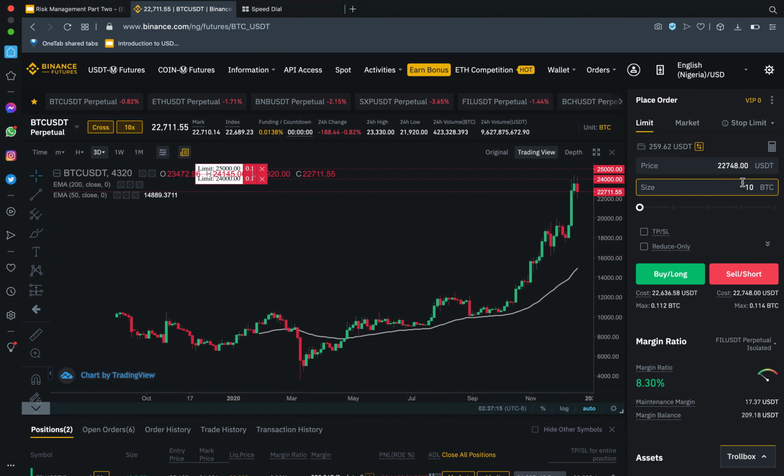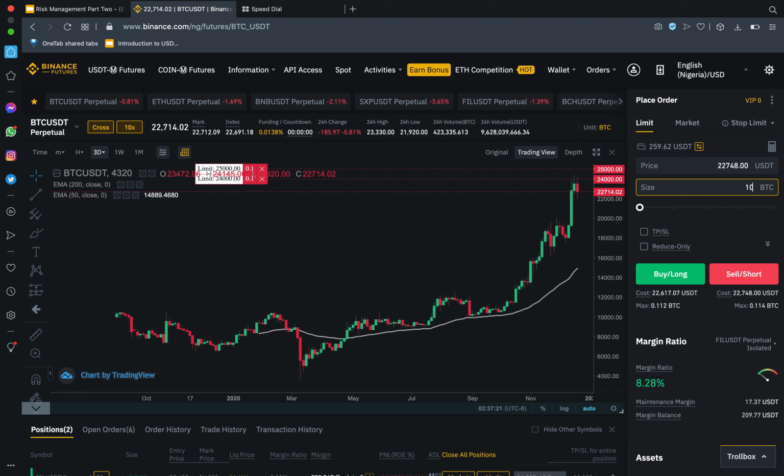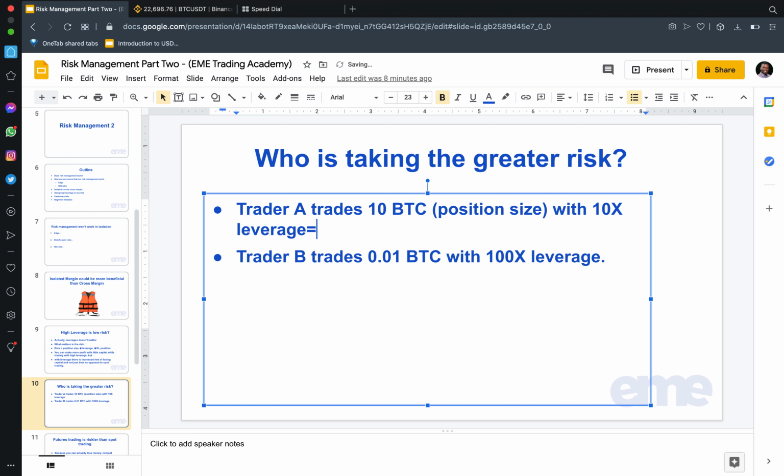Right? He wants to trade 10 bitcoins with 10x leverage. You would notice that the cost of this trade is $22,600 plus. Now this is just the initial cost of the trade.